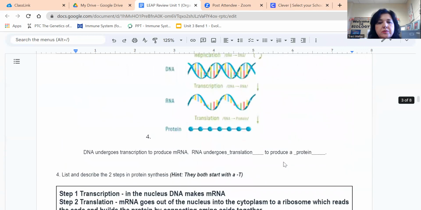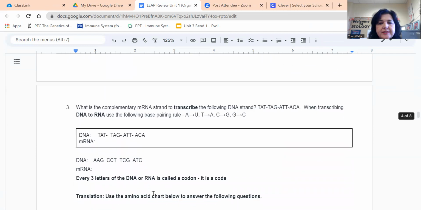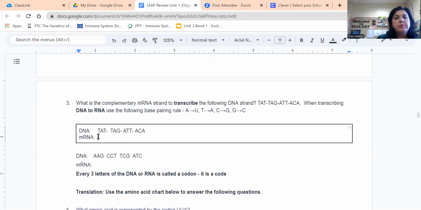Okay, so let's go back down here and let's do a little practicing on the first step of protein synthesis, transcription. So if our DNA strand is, our first 3 letters is TAT, we know that T goes with A and A goes with U. So TAT will be AUA.